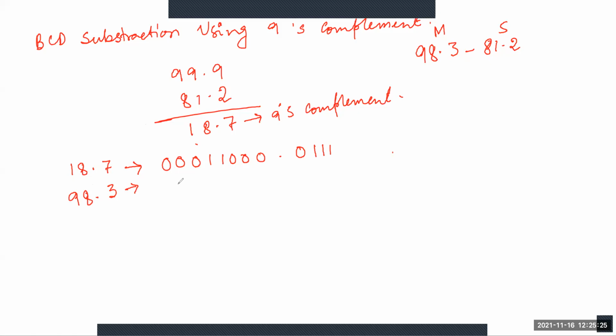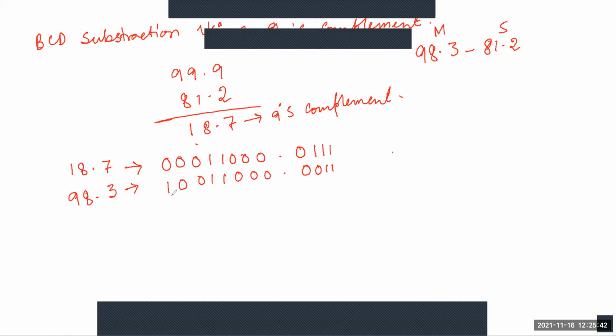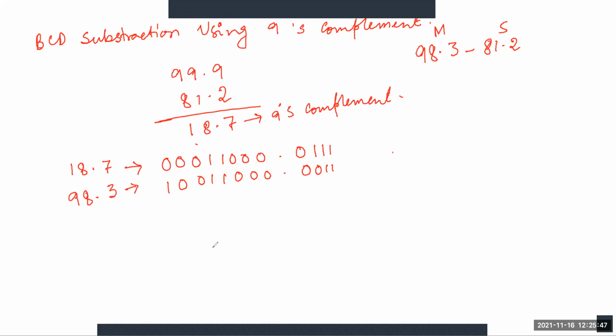So it is 1001, 1000, point 0011. Now we will add.